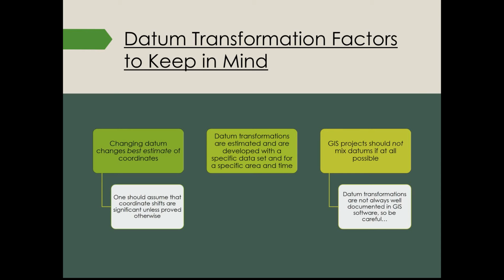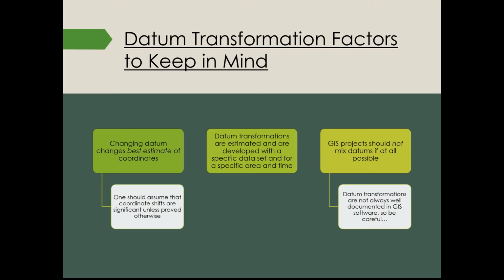So, some data transformation factors to keep in mind. Changing datum changes best estimates of our coordinates, not the physical locations. One should assume that coordinate shifts are significant unless you can prove otherwise.